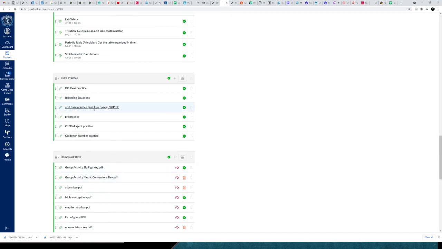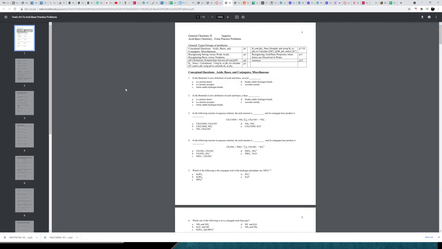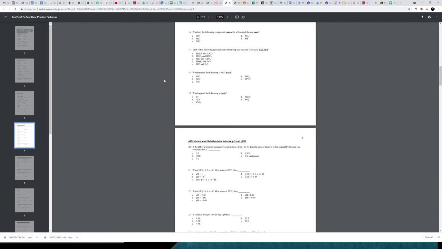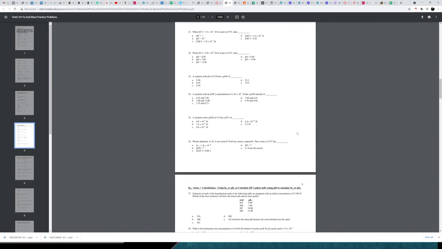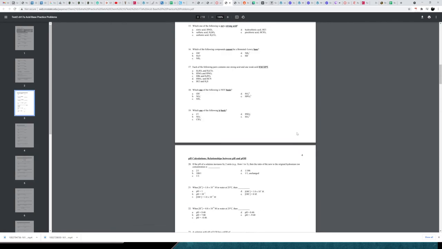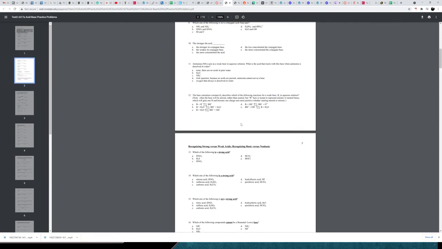But if we look at the acid-base practice, I checked that one yesterday. That one's still working, though apparently it wants us to open it in a new tab. For us, we would only want to look at the first 4 pages of this, because after that they start going into more complex stuff. There are some good multiple choice questions here that we could work with.